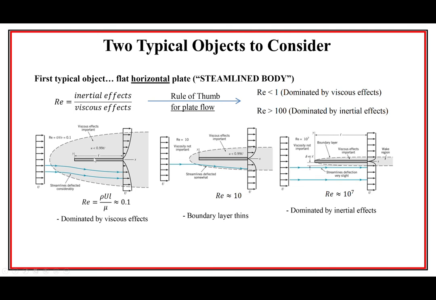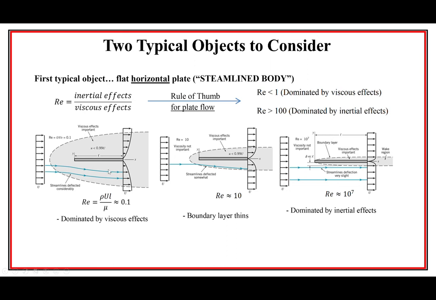So here in the streamlined flow, we can see that we're mostly going to be concerned with the shear taking place. And if we have very, very low Reynolds numbers, we want to remember that Reynolds number is a non-dimensional number, and it is in its sense a ratio of forces.